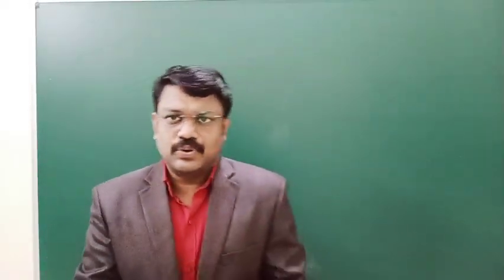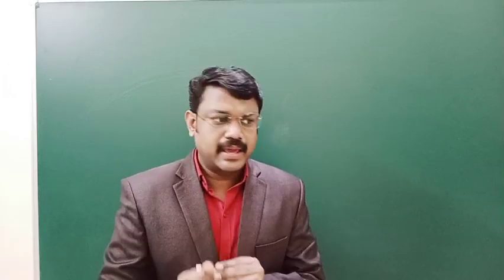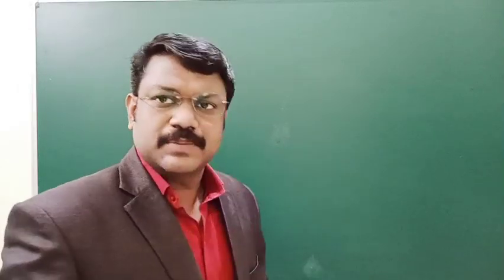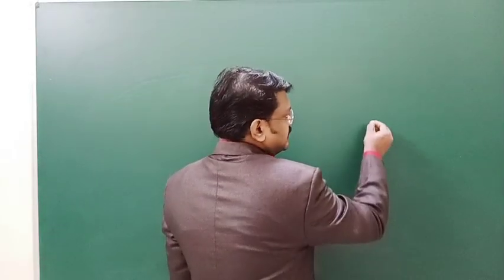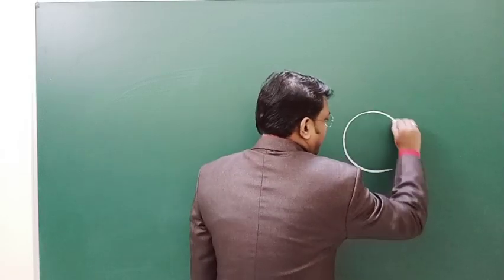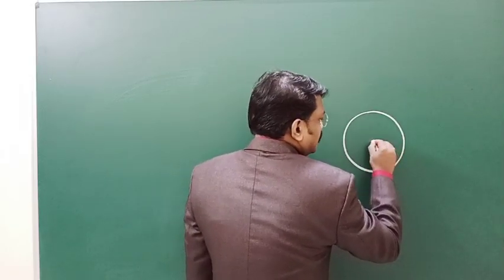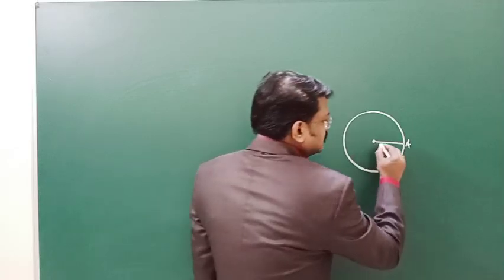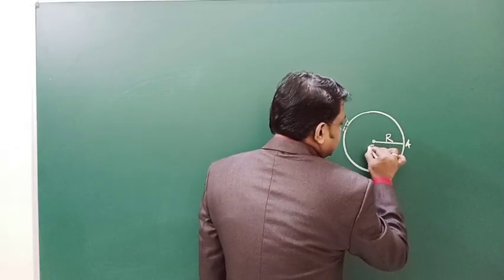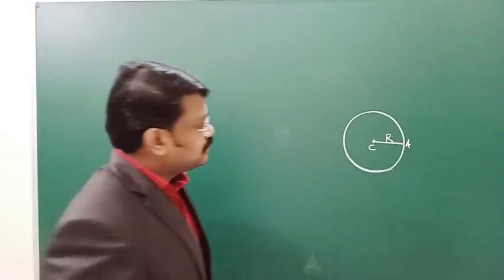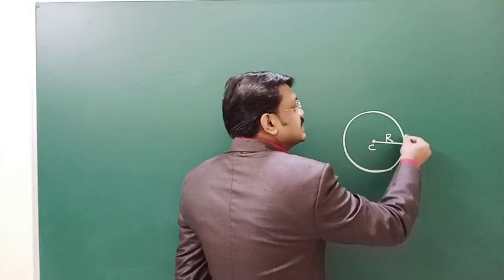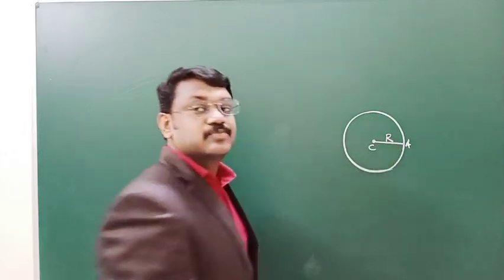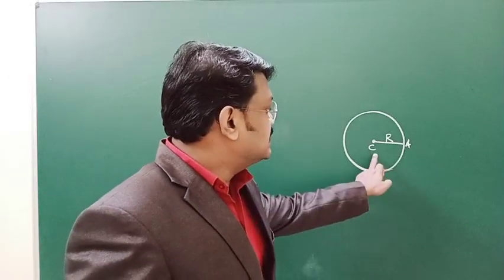So how can you give an example for a simple harmonic motion? Very simply you can explain the concept of simple harmonic motion with an example. So listen here. You have a particle at a point A, which is at a distance r from the fixed point C. It is moving in such a way that the distance from C is kept constant.